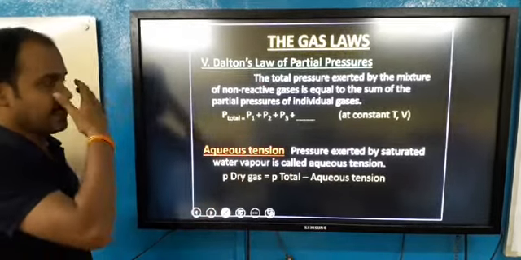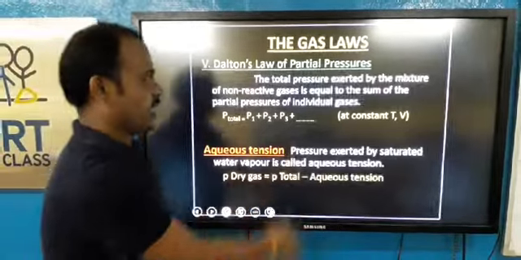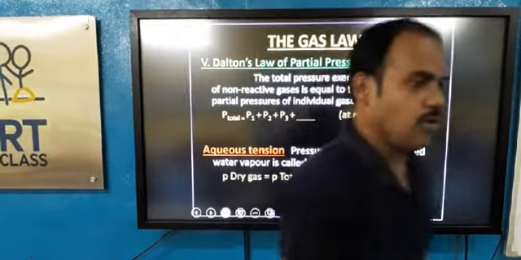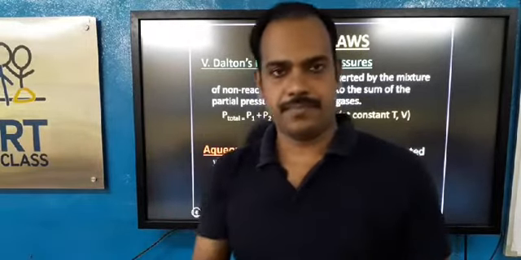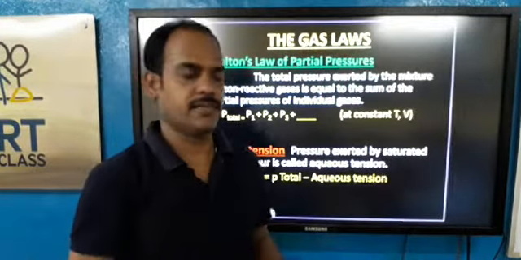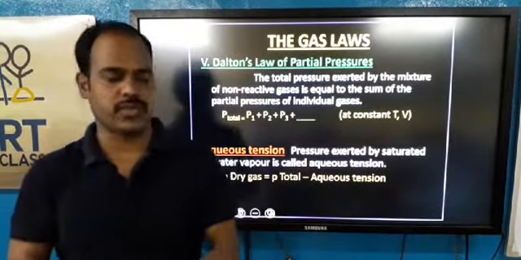Next, the last law is Dalton's law of partial pressure. Before starting this law, let me tell you what is partial pressure. Take a container. In that container fill 3 different gases, hydrogen, oxygen and nitrogen.